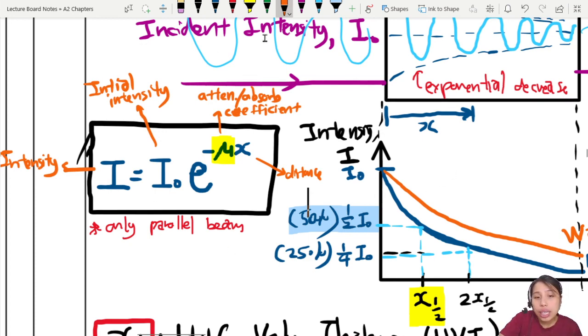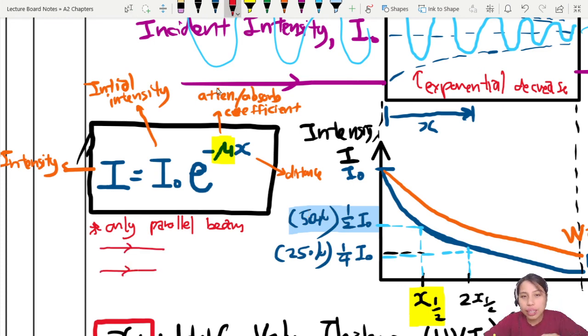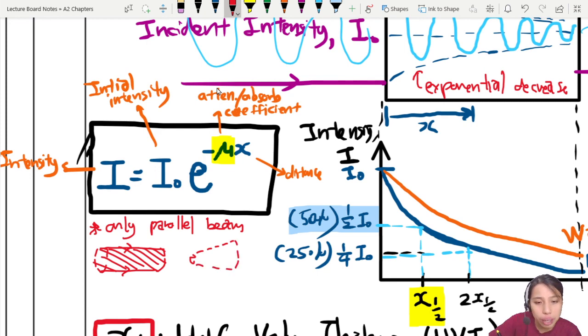And remember, this only works for parallel beam. The condition is only parallel beam, because for parallel beam, the area of the beam does not change. Like this one, we have a parallel beam coming in. This is very collimated and nice. We try to adjust the anode, everything, the settings we talked about before, to make sure it's nice and parallel. Because if you have something that is spreading out too much, your equation will not be quite right.